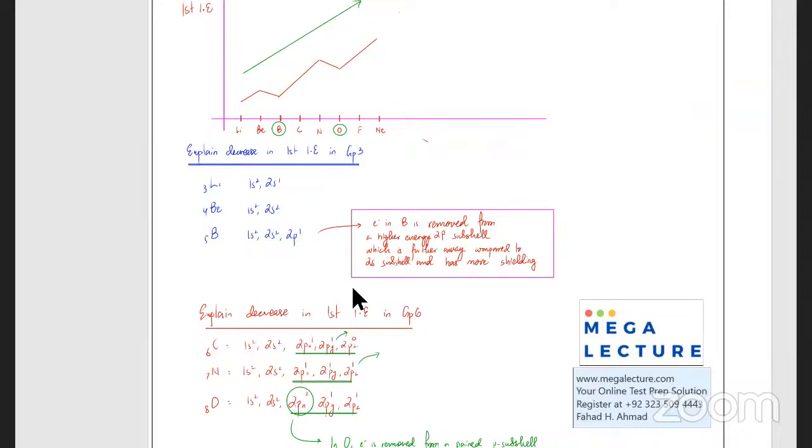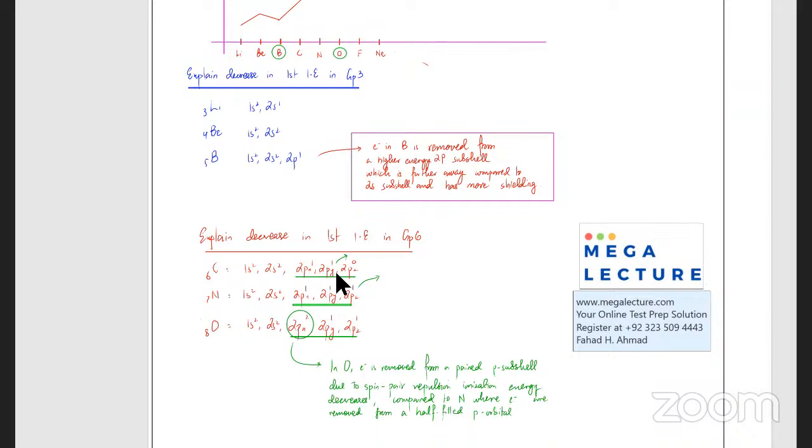Alright. Then what happens at group 6? What happens in group 6 is that all of a sudden your p becomes paired. Before this, it's going to be P2, then P3, then P4.